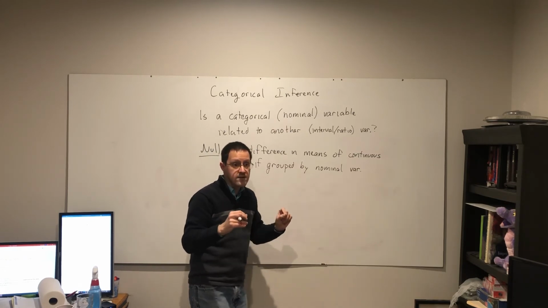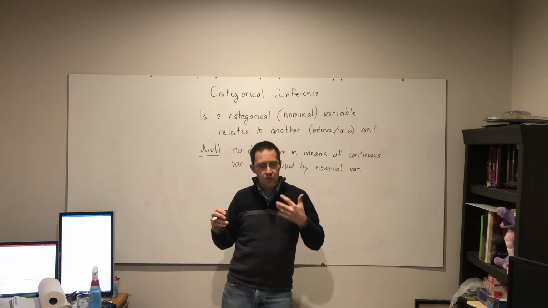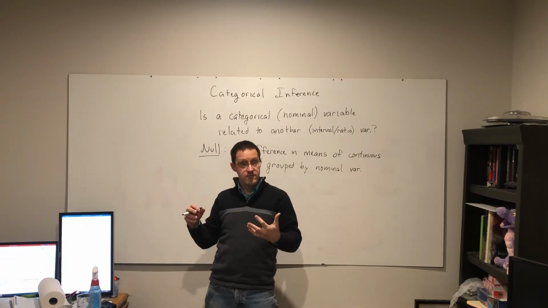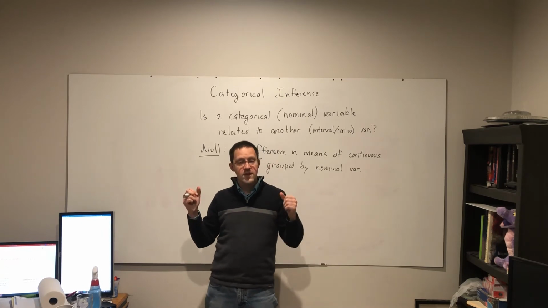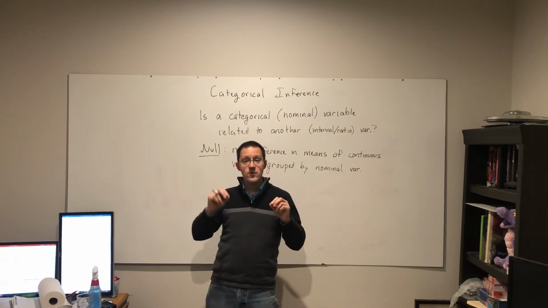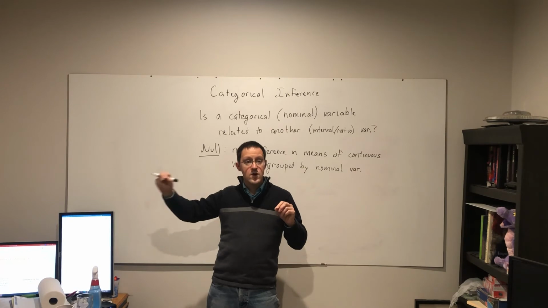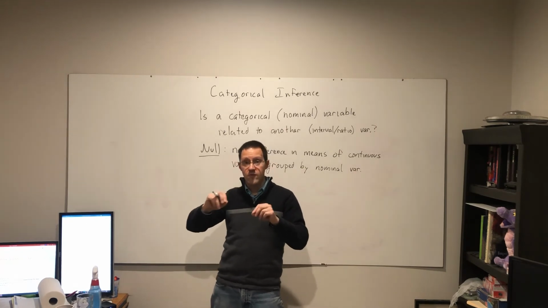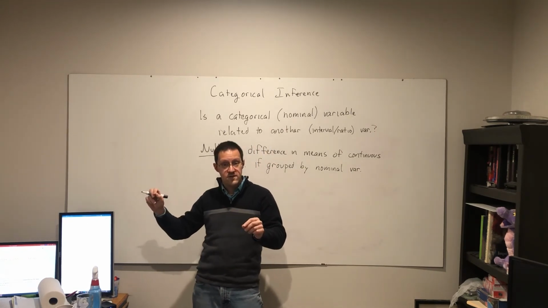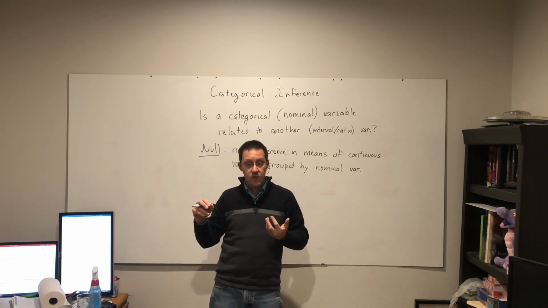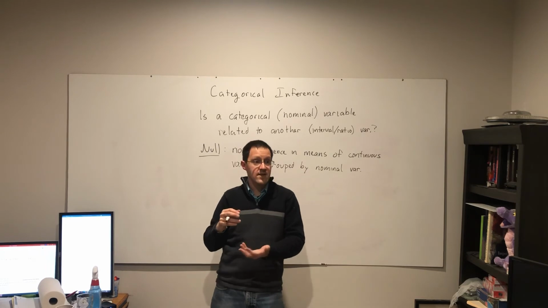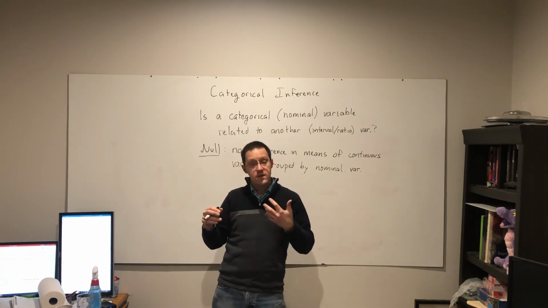Put another way, bringing in the idea of samples and populations, if we treat each group as its own sample, could those samples have come from the same population? And the null hypothesis would be, yes, they came from the same population.